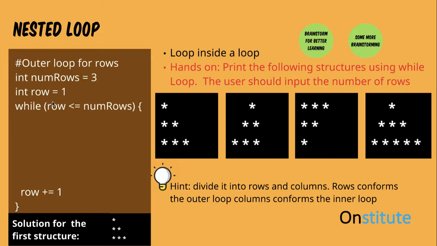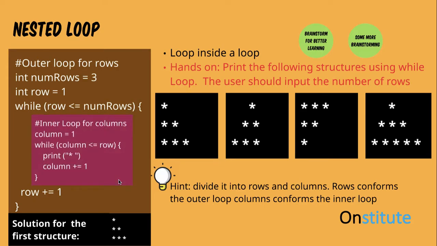Then I have constructed one while loop condition, which is row is less than or equal to numRows, that is 3. And finally, I have incremented the row by 1 in each iteration of the while loop. That means row will start from the first row, and then in every while loop iteration, it will go to the next row. So we are done with that row part.